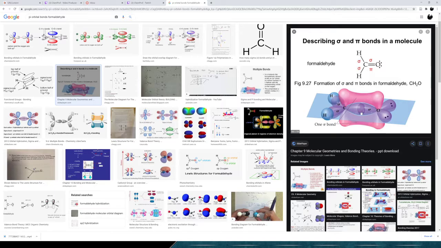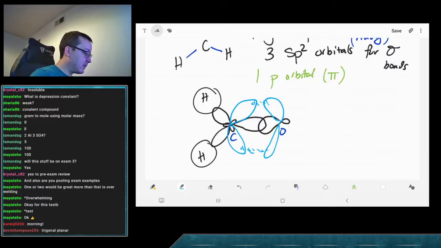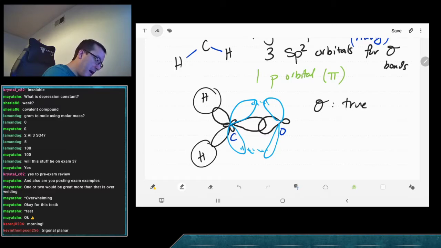Because there's not a true overlap, let me go back here to our regular thingy. Do you like my beautiful drawing by comparison? A sigma bond has true overlap in your orbitals. Pi bonds are partial overlap.